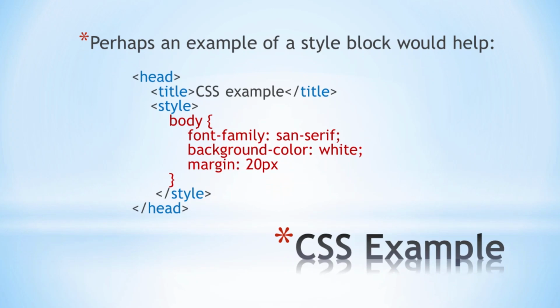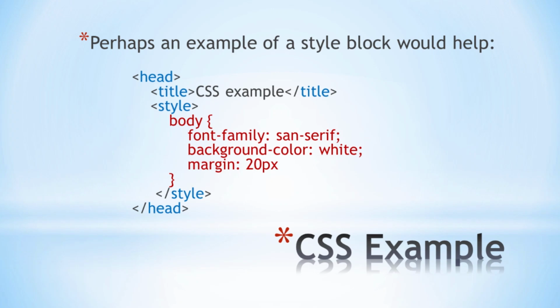Here is an example of a style block inside an HTML document. Typically, these occur inside the head, so I'm showing the head begin and end tags. Here's the title of this HTML page. That usually appears right inside the head. This is a CSS example.